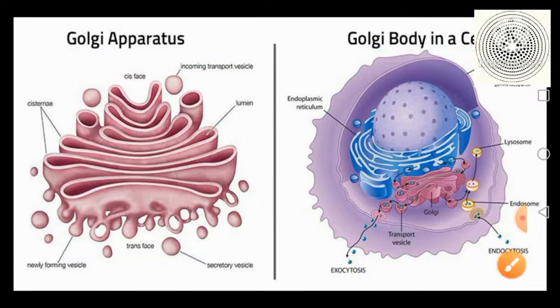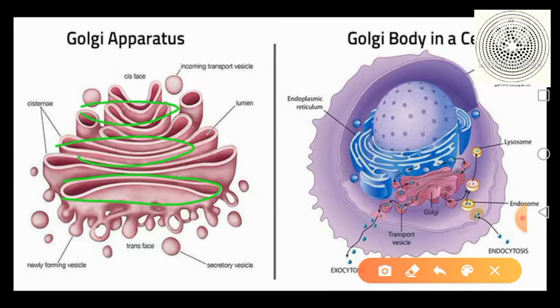It is quite interesting and also quite confusing for many students how the Golgi complex is formed, where the Golgi complex comes from, and what the location of the Golgi complex is. The Golgi complex is a membrane bound structure, as I told you, and these are pouches which are stacked over each other.